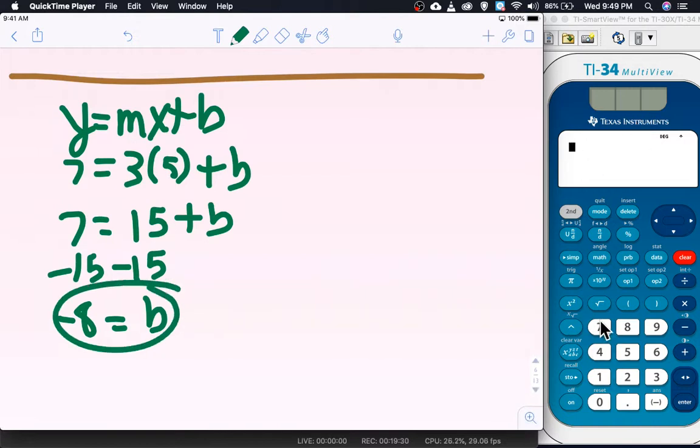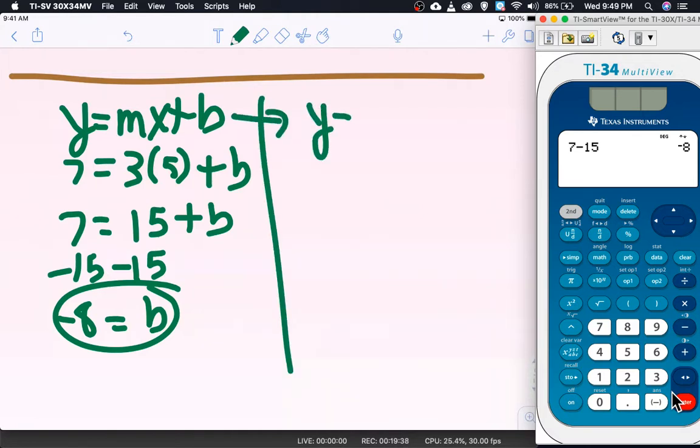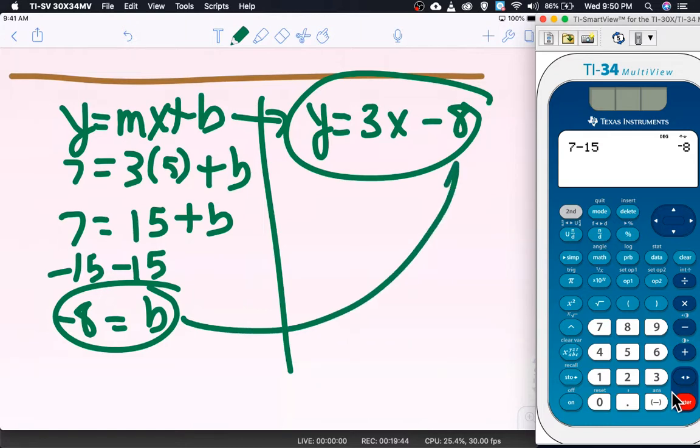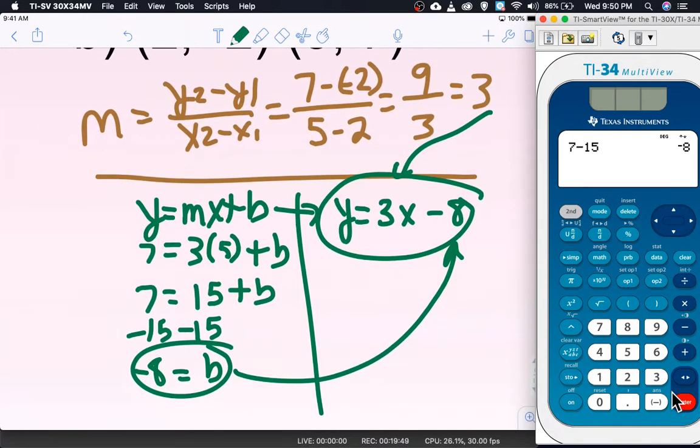Double check for me. I'm pretty sure I'm right. 7 minus 15 is negative 8. Good. And now, using this formula, y equals 3x minus 8. That is the y-intercept that we found here and the slope that we found there.